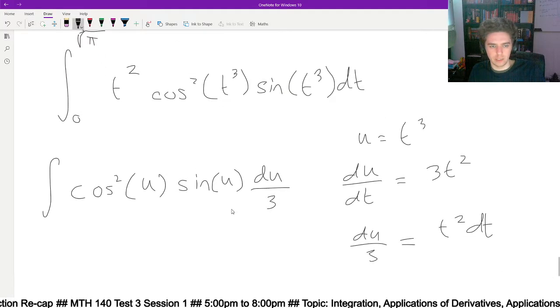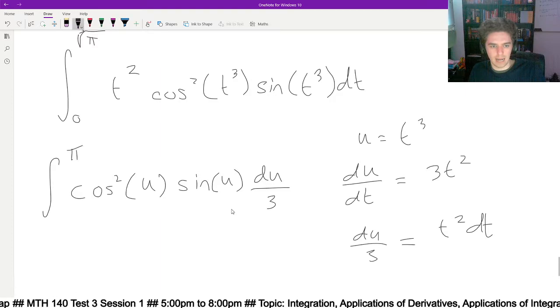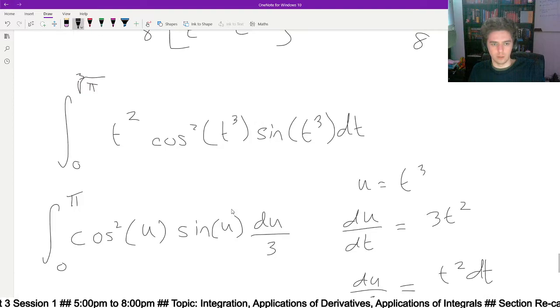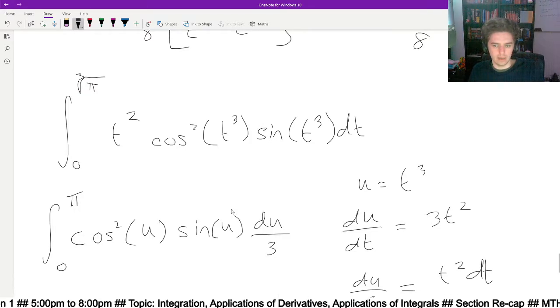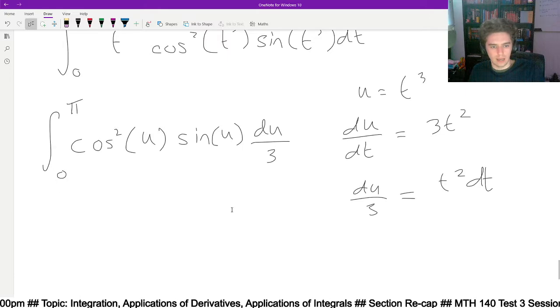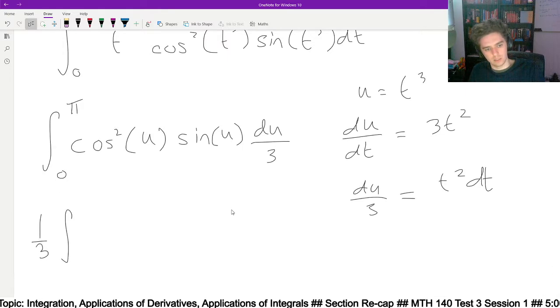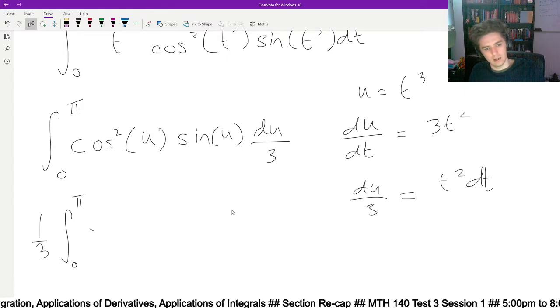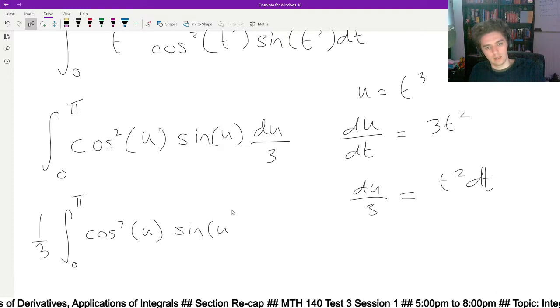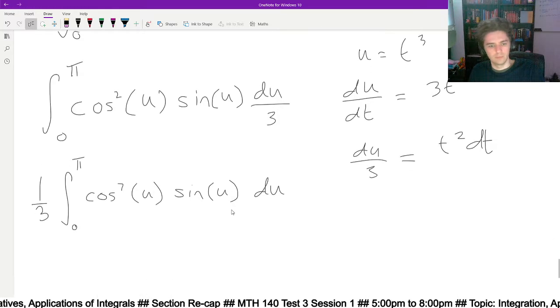So if u is t cubed, then this is just going to be pi to 0. Because it was cube root of pi, so put that in here. It's just pi. 0 cubed is 0. And then I can just move the 1/3 to the front. So it's the integral from 0 to pi of cos squared u sine u du.